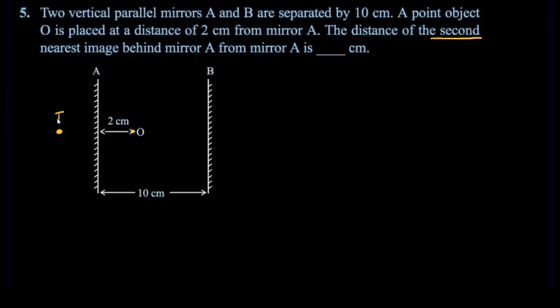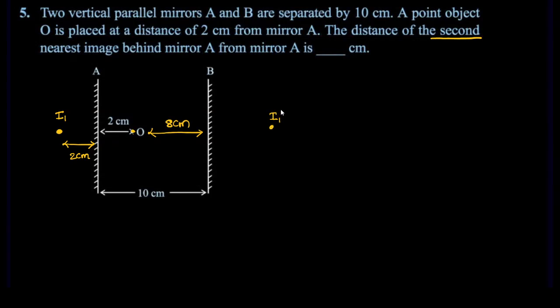This is the image formed by A, the first image. This distance is 2 centimeters. Now this is 10, so this distance will be 8.